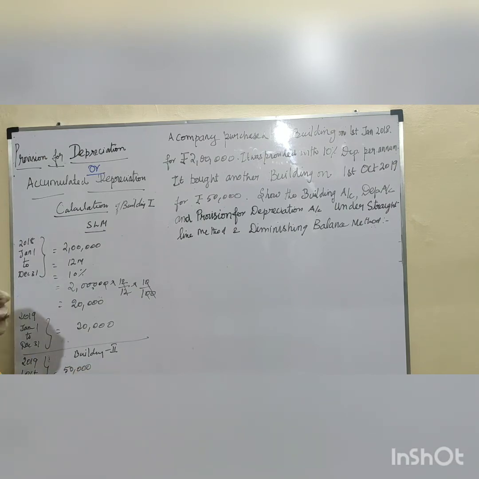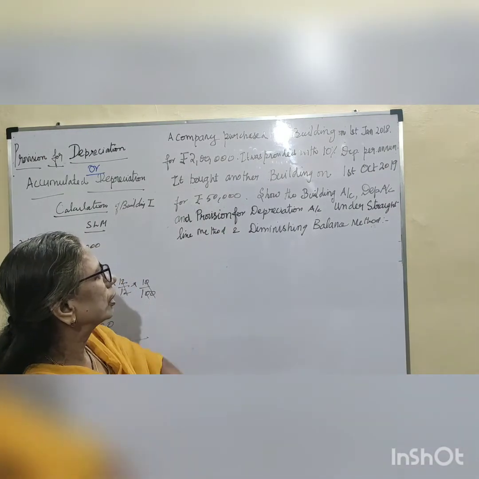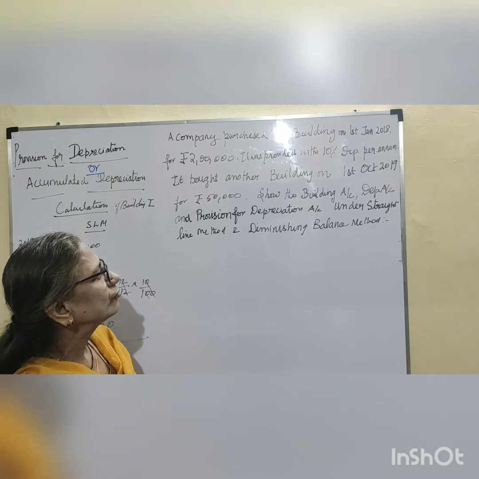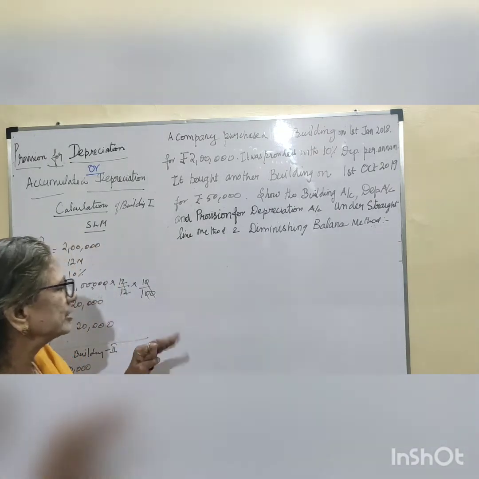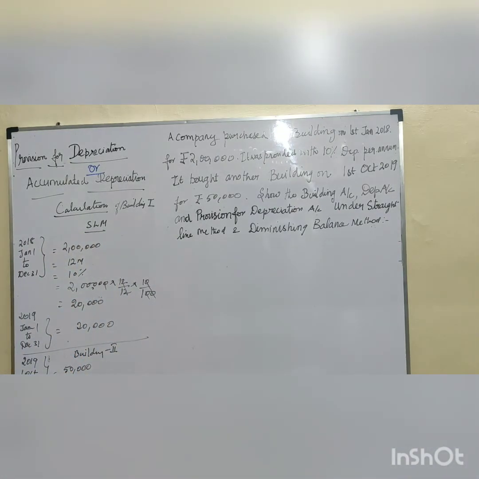They used the building for 3 months: October, November, December. We have to calculate the depreciation for 3 months, and the rate of depreciation is 10%. So now let us calculate 50,000 into 3 by 12 into 10 by 100.